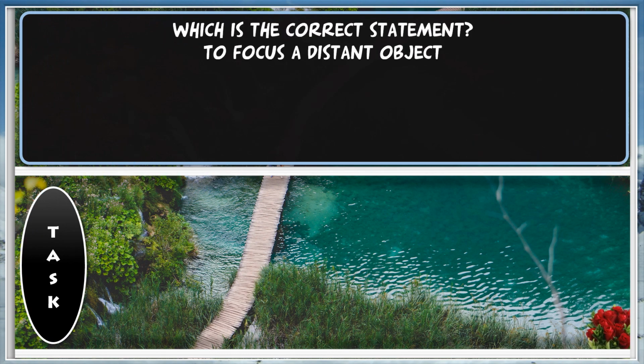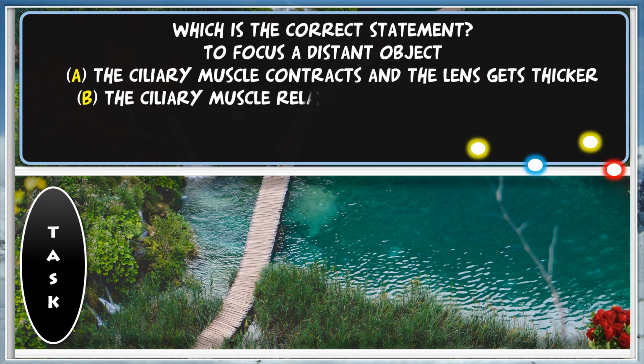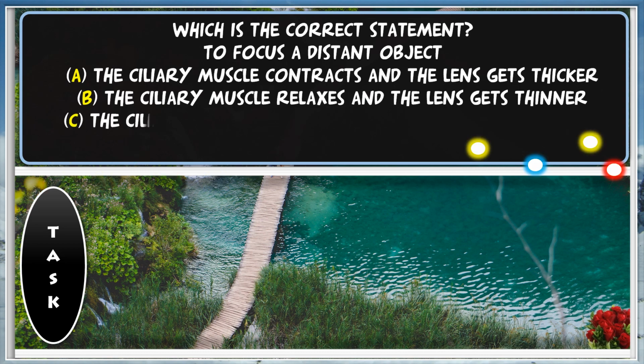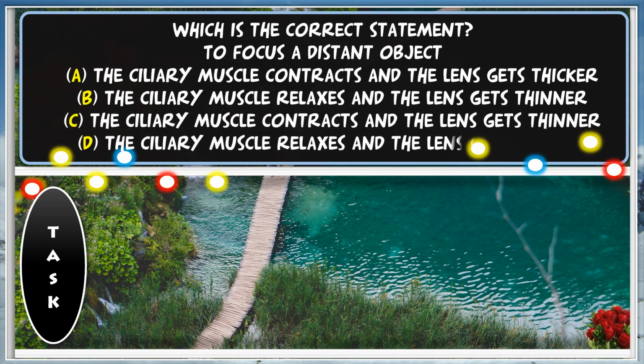Which is the correct statement? To focus a distant object: A. The ciliary muscle contracts and the lens gets thicker. B. The ciliary muscle relaxes and the lens gets thinner. C. The ciliary muscle contracts and the lens gets thinner.